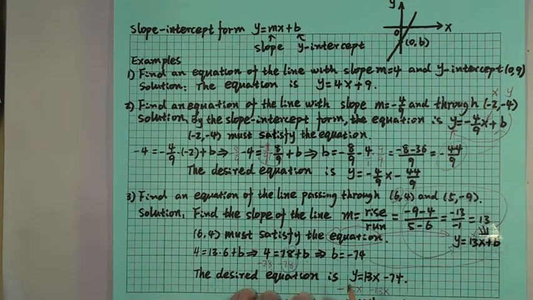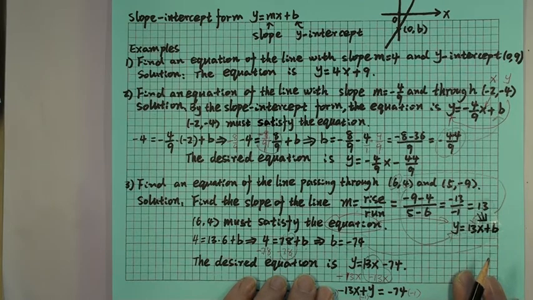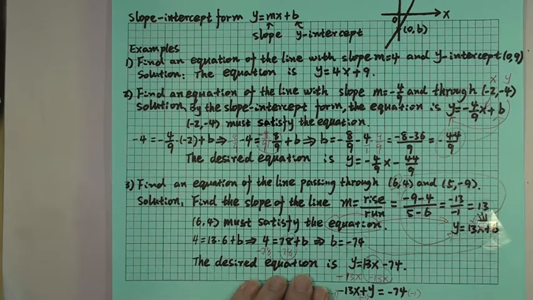Both sides subtract 13x, then you may cancel it. Okay, so right hand side has negative 74, as I did right here, and the left hand side has y and negative 13x, like that. Again, you may stop right here, but you may go one more step: multiply by negative 1 everywhere.